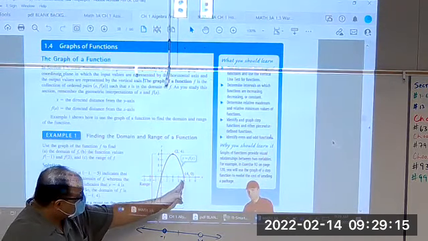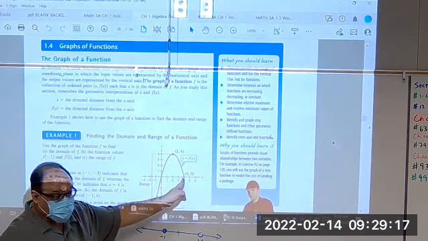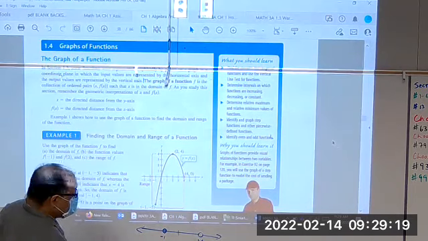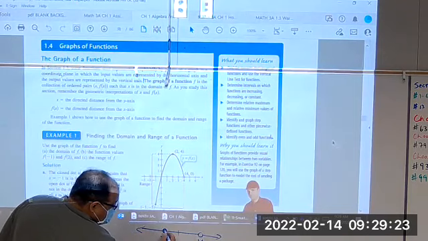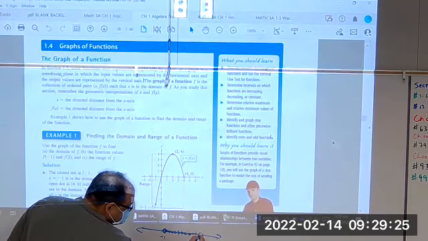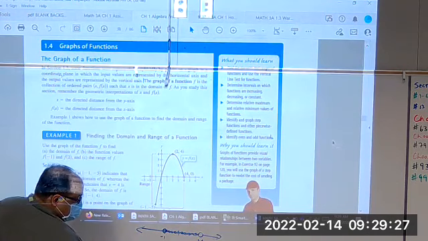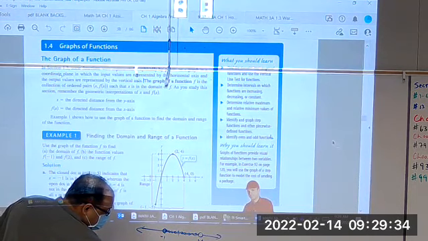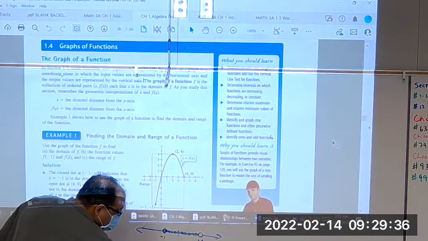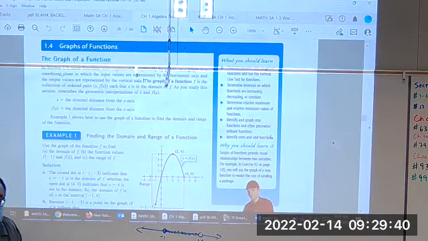So you can get infinitely close to 4, 3.999, but you don't get to use the 4 because there's no ordered pair. So you would shade this in. Which means as interval notation, because that's a closed circle, it would be a bracket from -1, and then it would go and stop at 4, and you have a parenthesis on the 4 because it's an open circle. And that would be the domain.